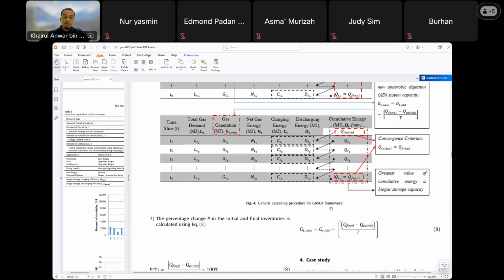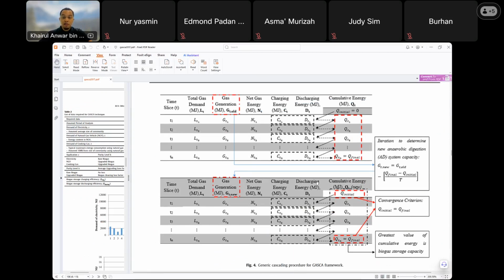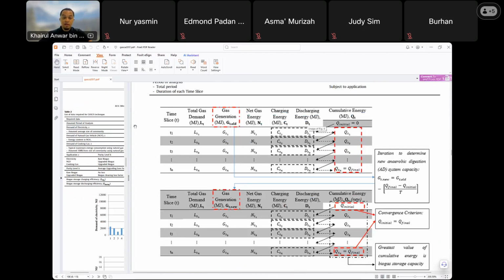Okay, genetic cascading procedure for Vesca. So the cascading occurs at the 1, 2, 3, 4, 5, 6, 7 at the cumulative energy QT.